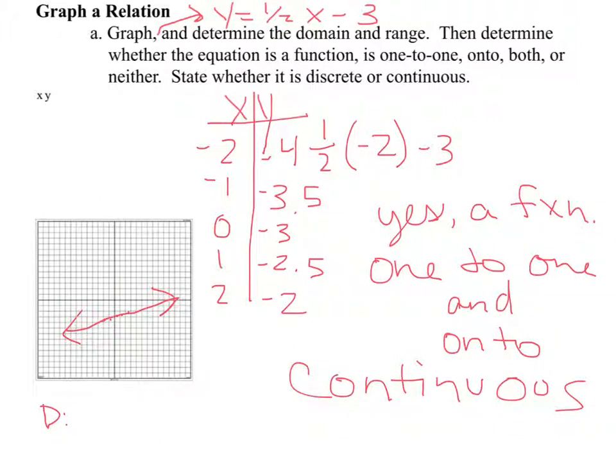And we're not going to have any gaps. So for domain, we have all real numbers, and we can just write our fancy R. And then for our range, it's also going to go up forever and down forever with no gaps. So in this case, our range is also all real numbers.